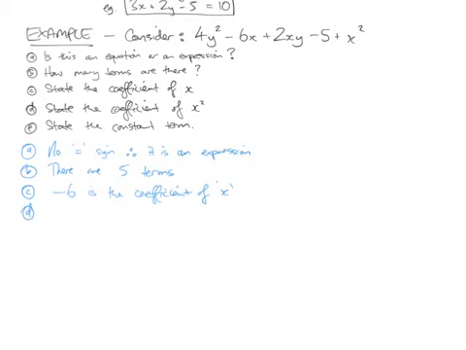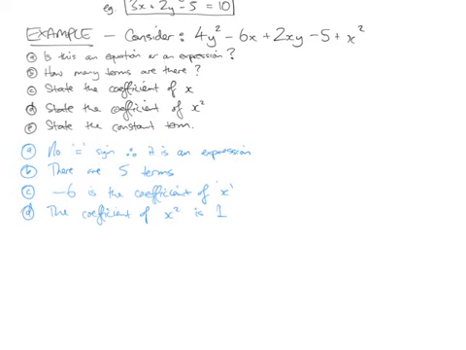The only number I can times x squared by to get x squared again is 1, because 1 times 1 is 1, 1 times 2 is 2, 1 times 3 is 3. Anything you times by 1 is going to end up being the original thing. So actually the coefficient of x squared is 1. We just don't write it.